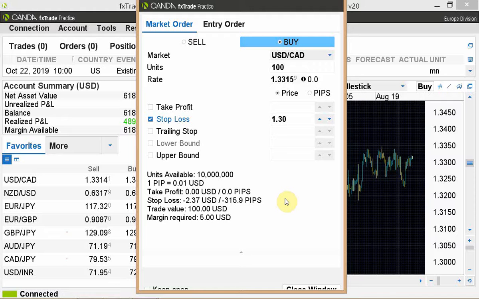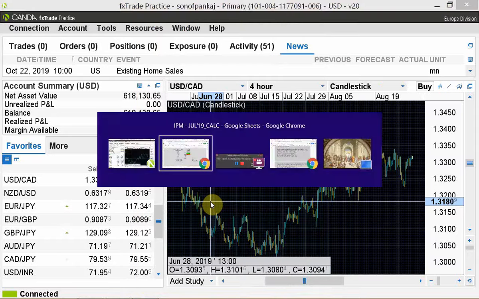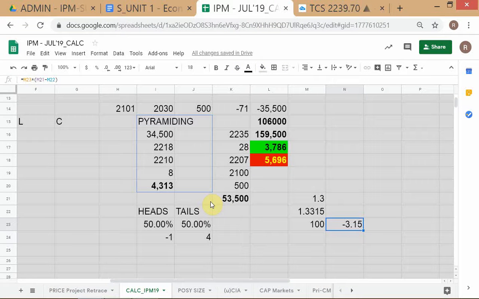Why is this discrepancy? Because this is in which currency? USD. And what did we tell you? P&L is always in the terms asset. So this 3.15 is in which currency? Canadian dollars, because Canadian dollar is the terms asset.